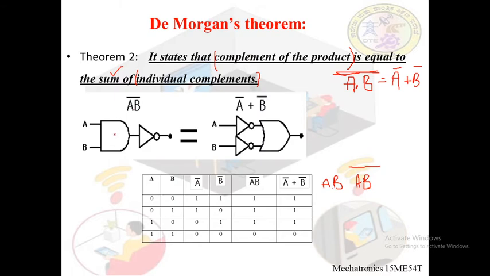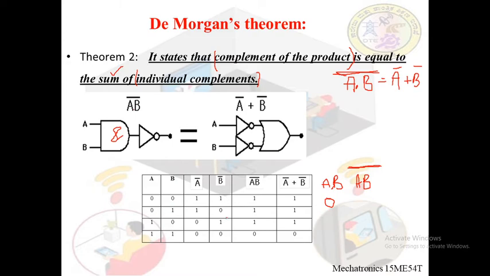From this logic circuit you can understand A and B are the inputs. They pass through the AND gate first and become A dot B, and then pass through the NOT gate in order to complement the output. Now we will find out AB. A and B, 0 into 0 forms 0.